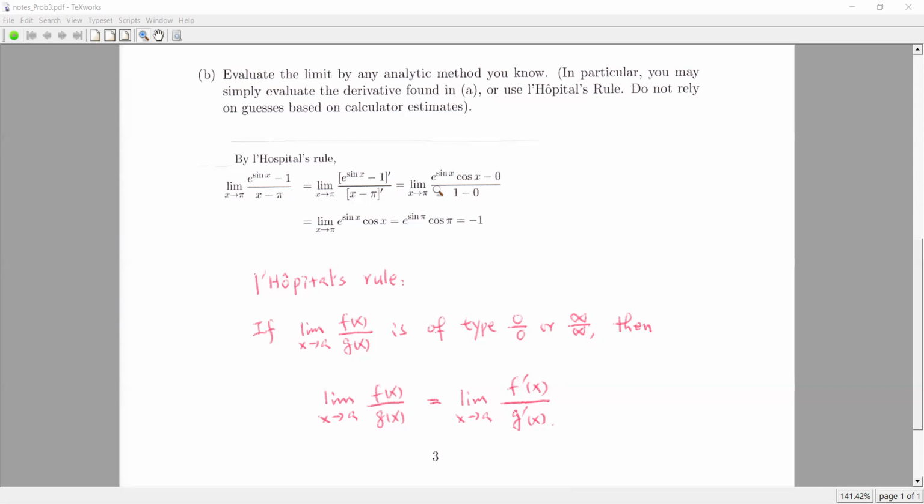Simplify this fraction, then I have this equation. To find this limit, use direct substitution. Plug in pi for x, then the limit is this number. This number is -1. Therefore, this limit is -1.